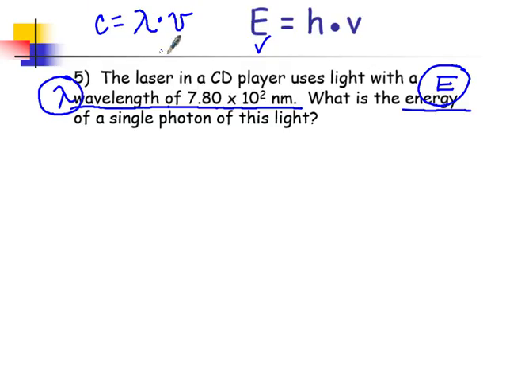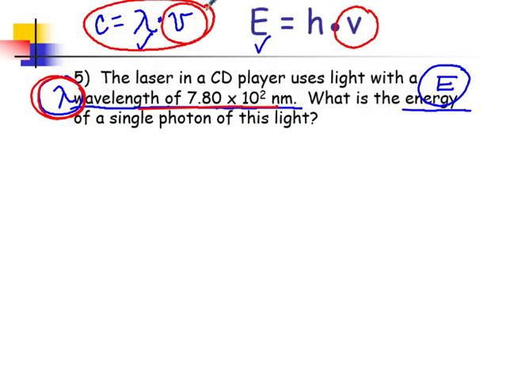So I go and I find, and I'm like, yes, this has lambda, but it doesn't have an E. So how am I going to get from one equation to the other? Well, it's actually quite simple. If you'll notice, both equations have frequency in common. So since they gave us the wavelength here, we're going to start with the wavelength equation and solve it for nu. So we're going to do that first.